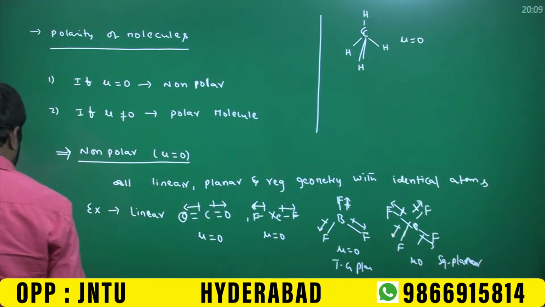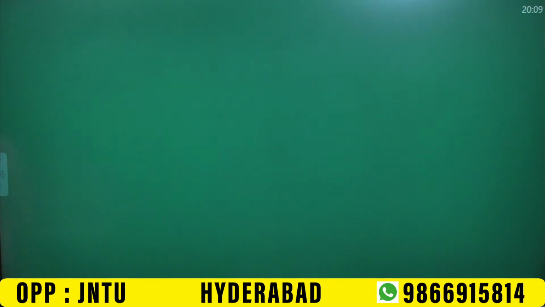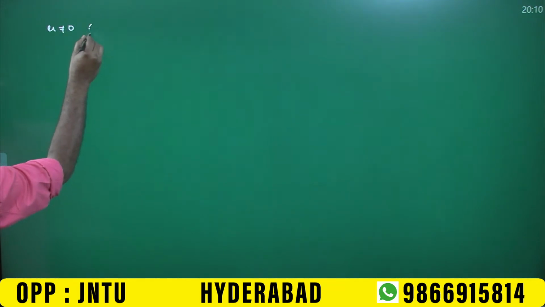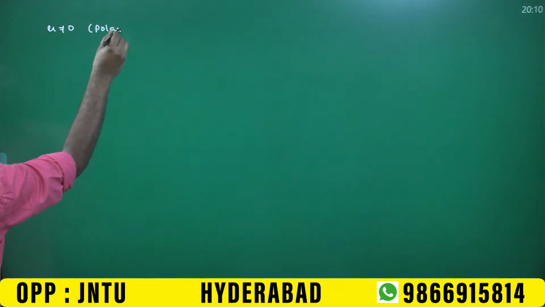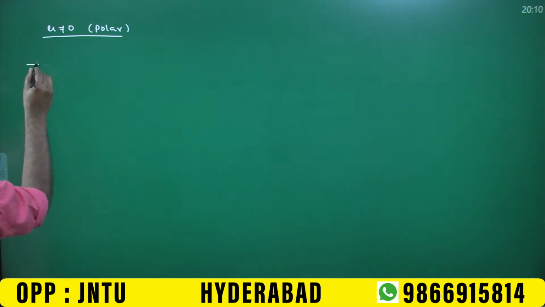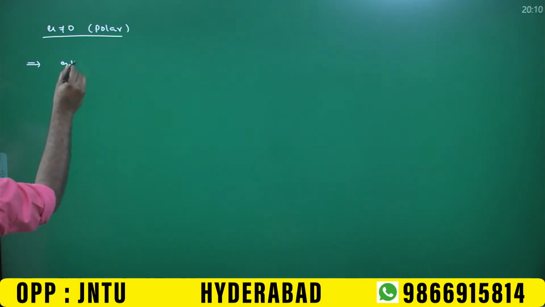Then which molecules become polar? Mu is not equal to 0, means polar. Which molecules become polar? See, all irregular geometry.